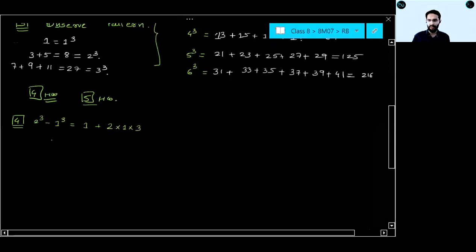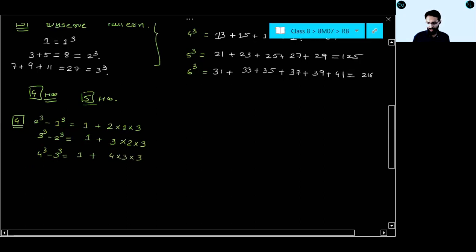Okay. Then 3 cube minus 2 cube is equal to 1 plus 3 into 2 into 3. Then 4 cube minus 3 cube is equal to 1 plus 4 into 3 into 3.